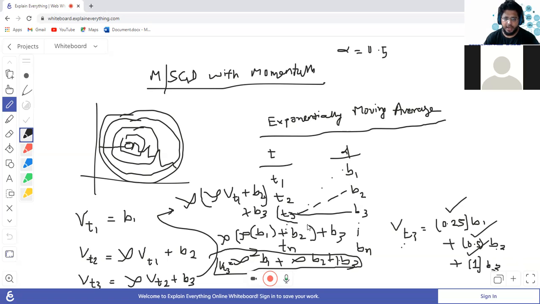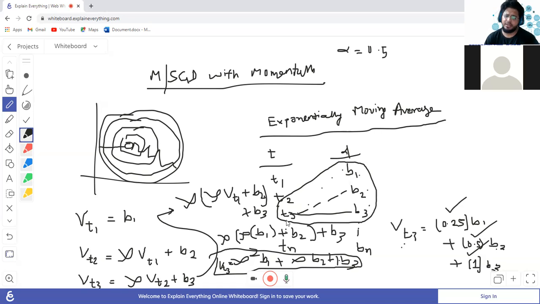I have a feeble effect from b1, a little stronger effect from b2, and the strongest effect from b3.